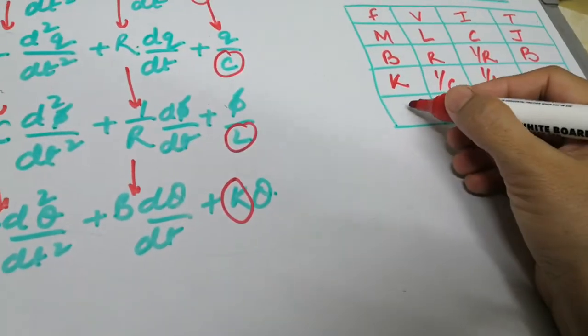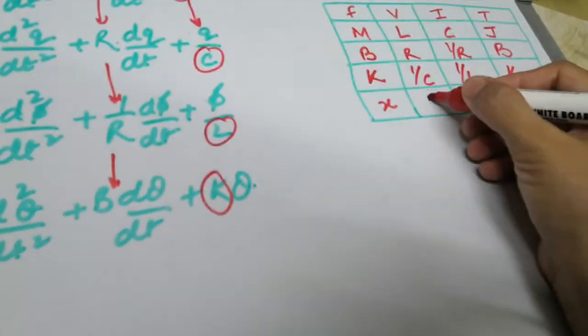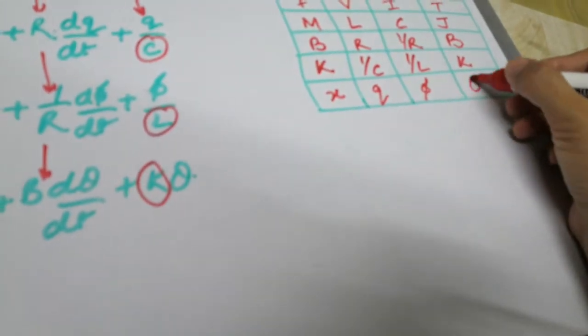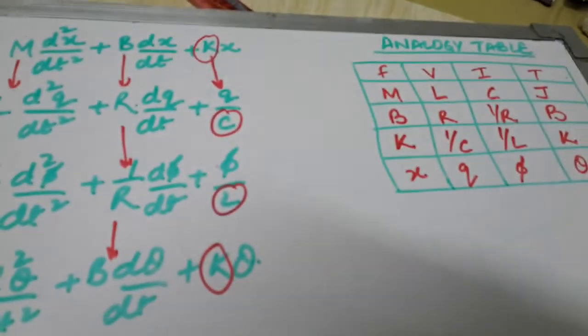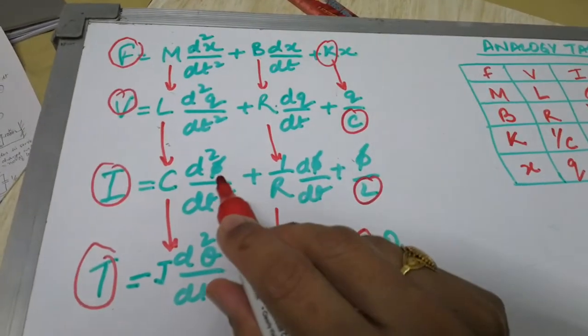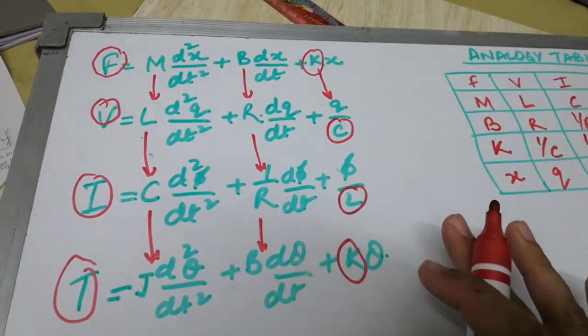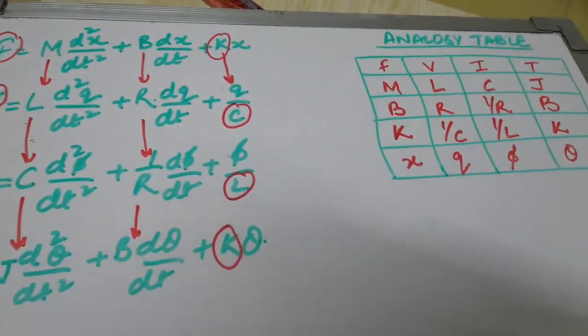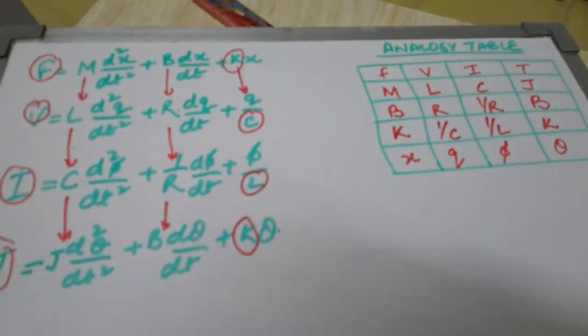So that means this is X, this is Q, this is flux, and this is theta. So this completes the analogy table, because if we check the equations, we have only correlated the equivalent differential equation and the terms that we are getting in all the equations.